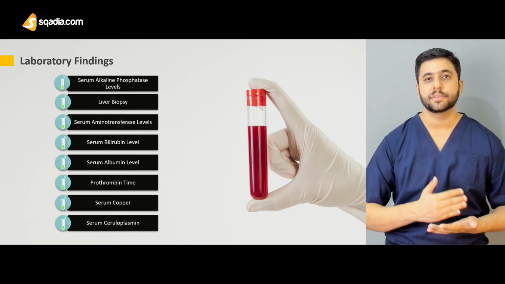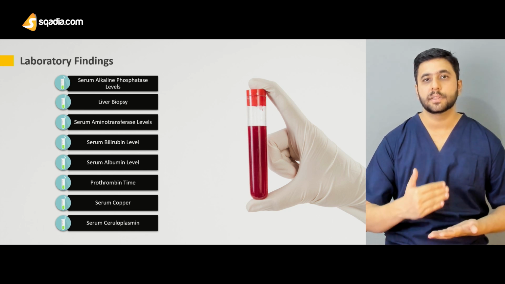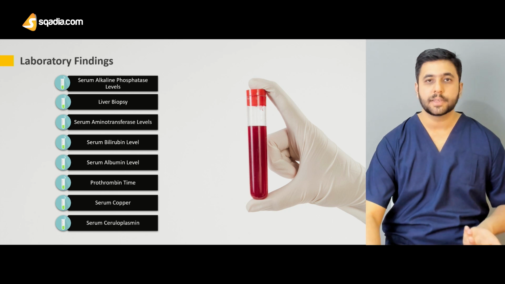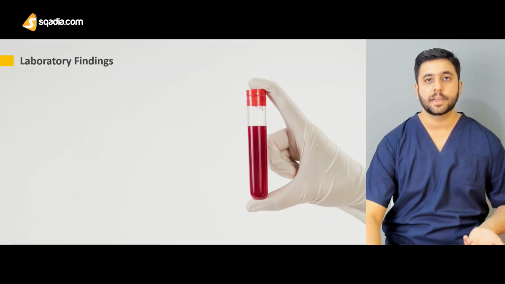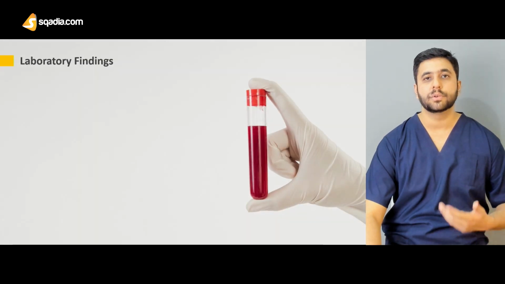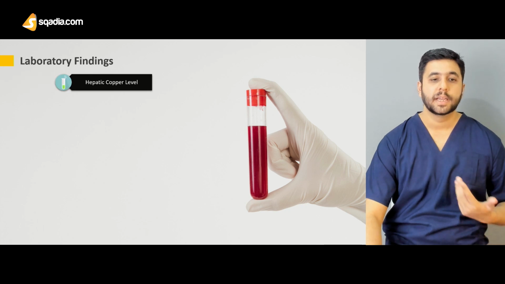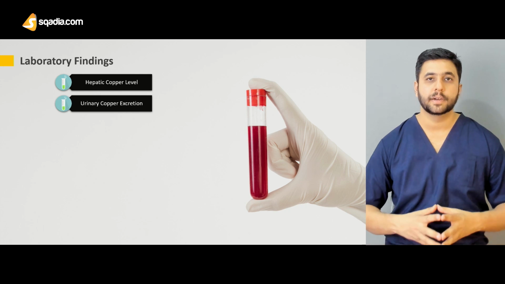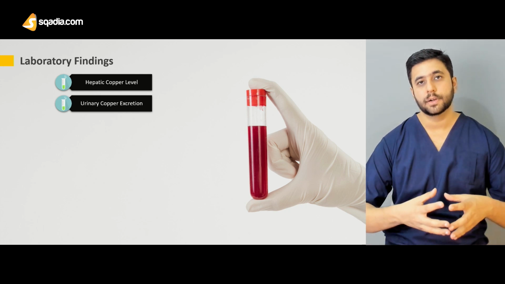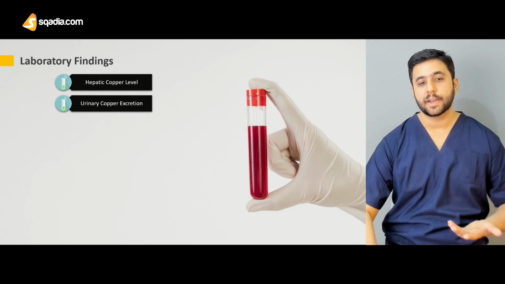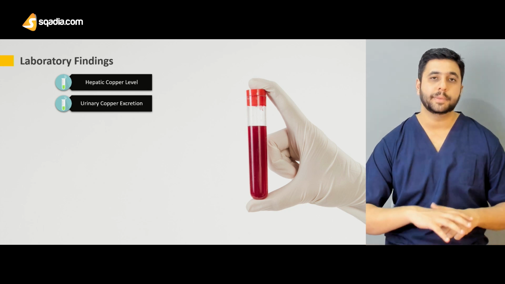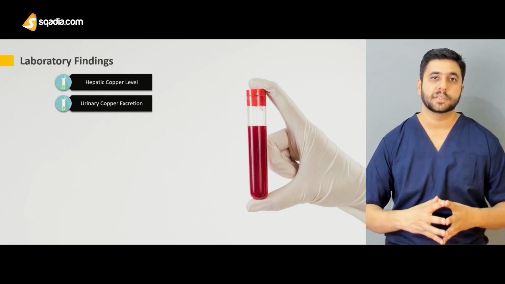In patients with Wilson's disease, serum ceruloplasmin levels are generally low. So a normal ceruloplasmin basically rules out Wilson's disease. Hepatic copper levels can also be done to find out the copper accumulation in the liver. And finally, urinary copper excretion completes the whole profile for Wilson's disease.